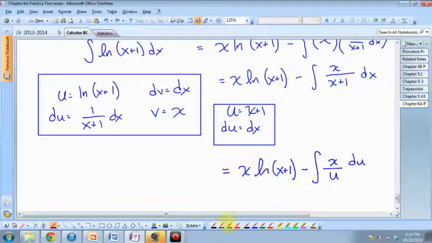So caution, two different variables. But in this case I can do something, because if u is x plus 1, that means x is equal to u minus 1.